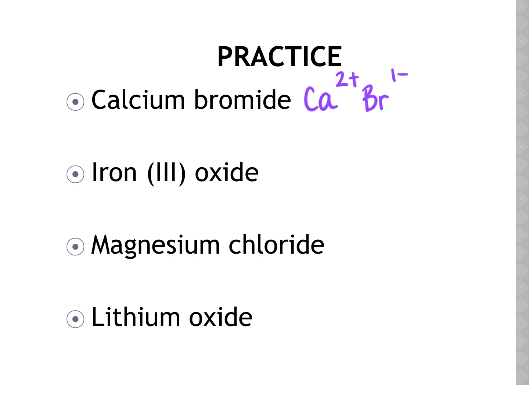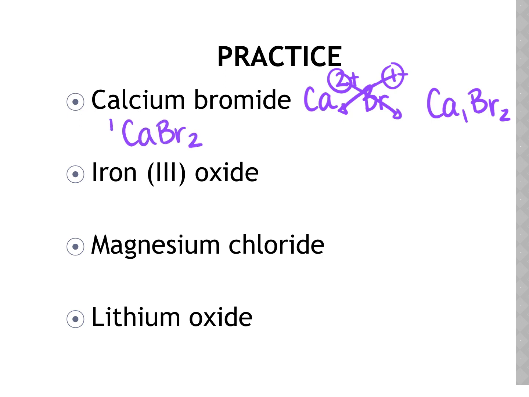So we write our symbols and the charges, and then once we have our charges up here, what do we do? Okay, we crisscross them. Remember, numbers only, no symbols. So it becomes Ca1, Br2. And do we usually write the 1s? Okay, so I'm just going to rewrite it, omitting the 1. So CaBr2.